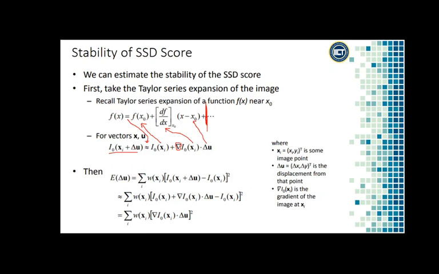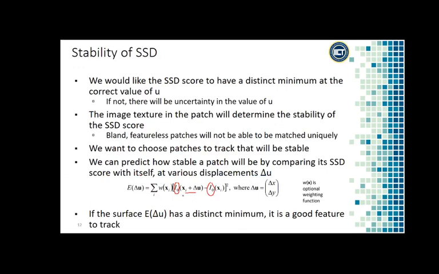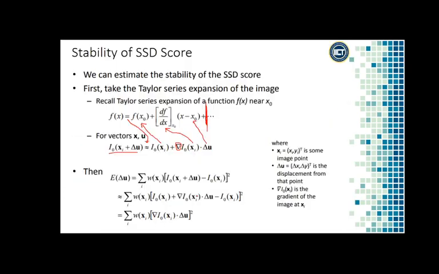So once we have this, recall that our formula was I0(xi + Δu) minus I0(xi). And now we have computed the value for this using the Taylor series expansion. So we can replace I0(xi + Δu) by I0(xi) plus the gradient of I0 at xi with respect to the displacement in x and y direction, minus this term, which will remain the same.